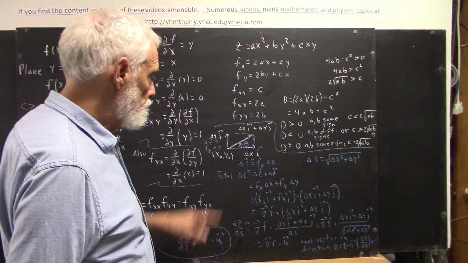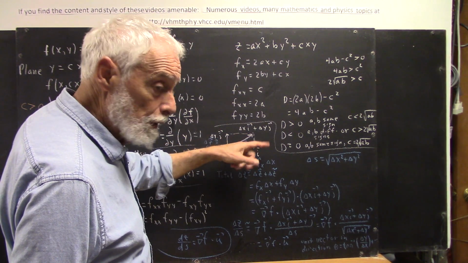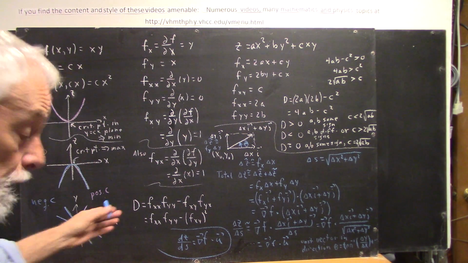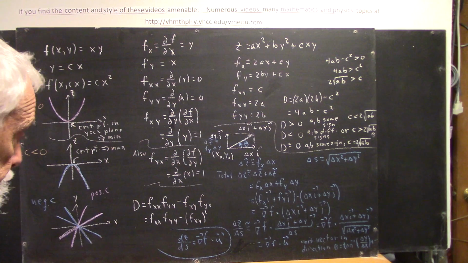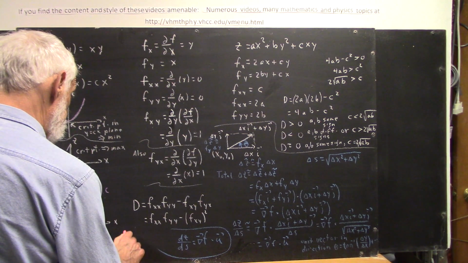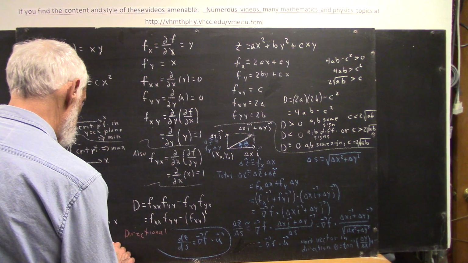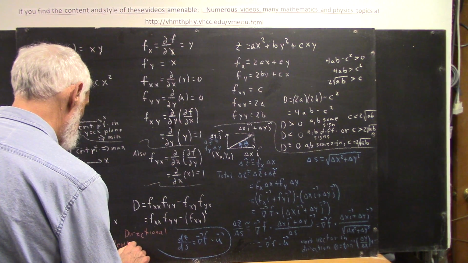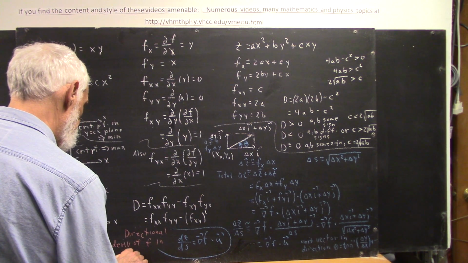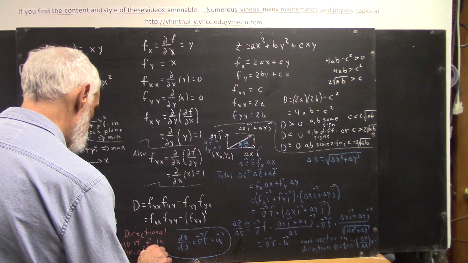We see that this gives us the rate at which the value of the function changes as we move in the direction theta relative to the positive x-axis. And this is called the directional derivative of f in the direction of u.